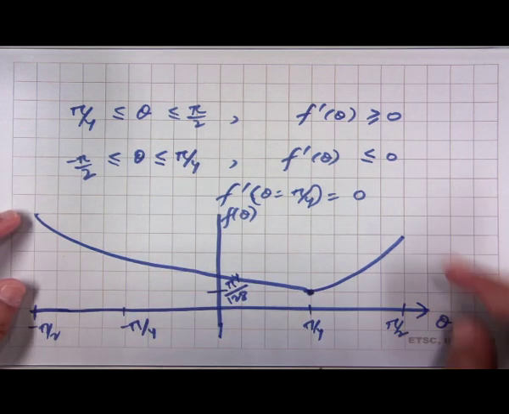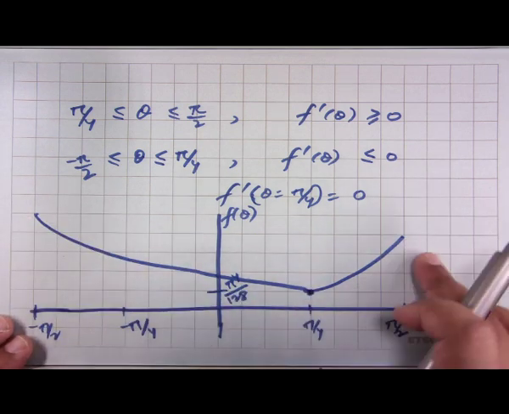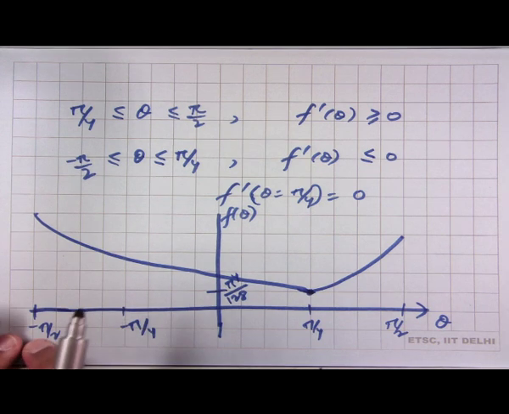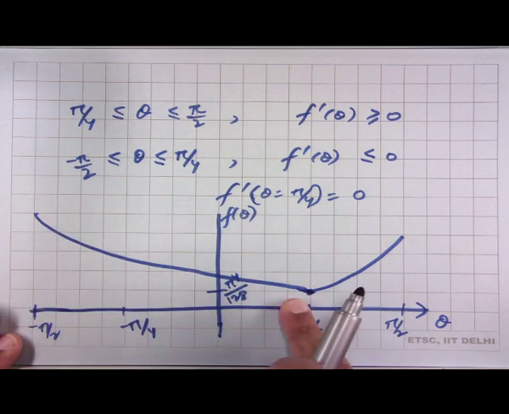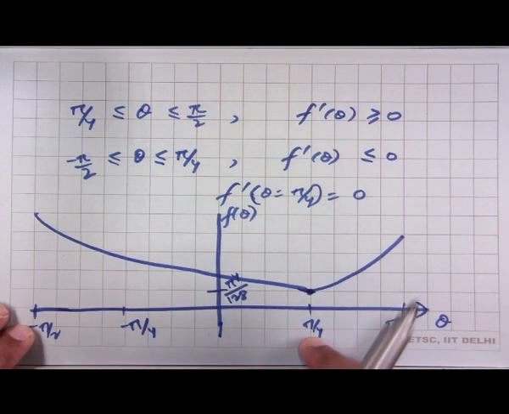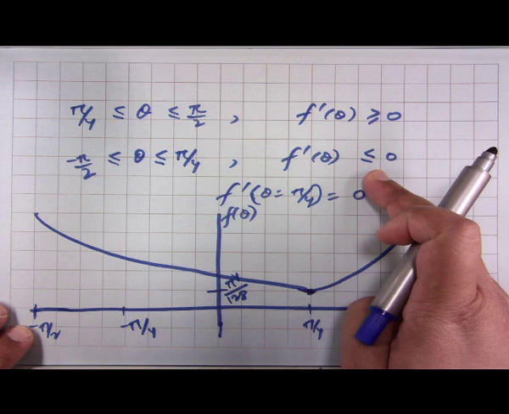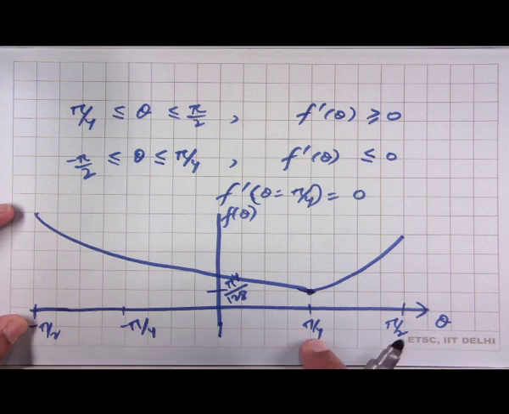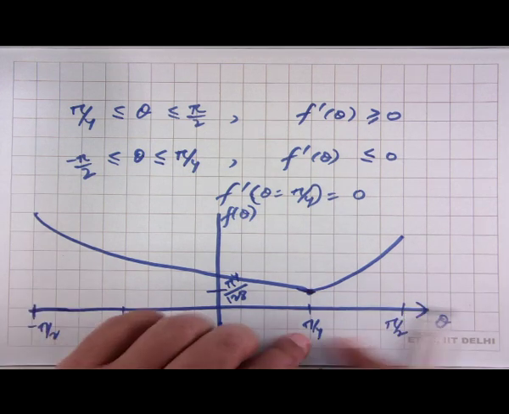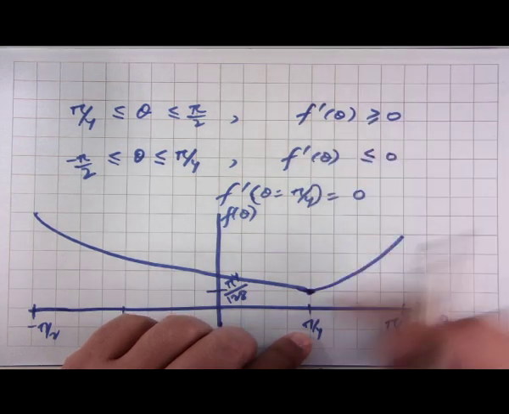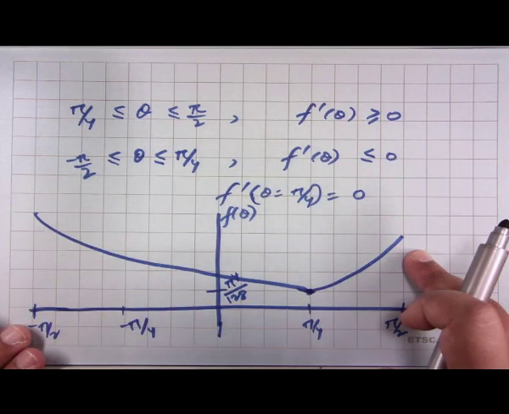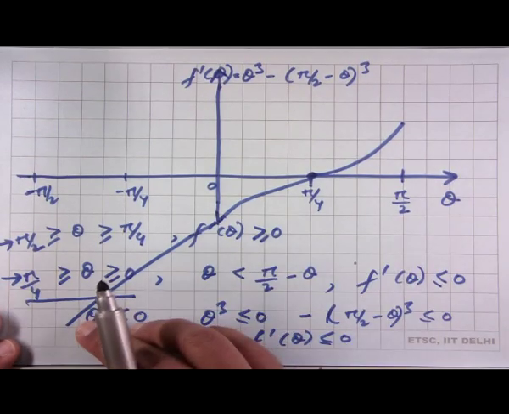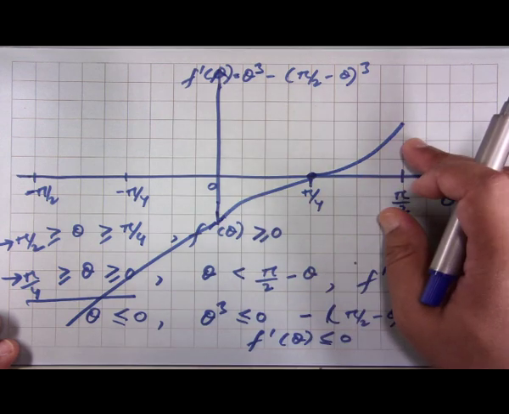Please note that these are just indicative values, to explain that the function first decreases monotonically from minus pi by 2 to pi by 4, because the first derivative is negative in this entire range, and then from pi by 4 to pi by 2 it increases monotonically. So the graph is expected to be something like this. Please note that this is not an exact graph, and also in the previous slide, it was just for the sake of illustration.